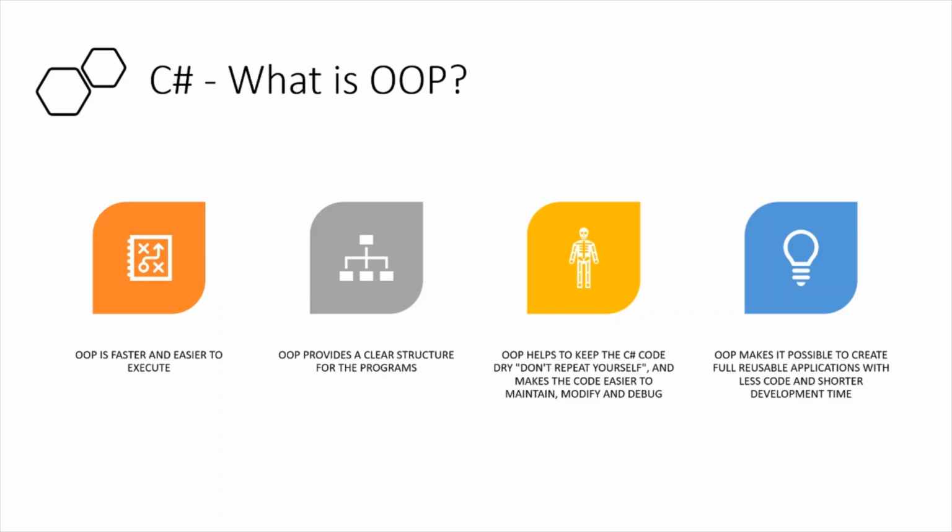OOPS stands for object oriented programming. We had procedural programming, which is about writing procedures or methods that perform operations on the data, while object oriented programming is about creating objects that contain both data and methods.